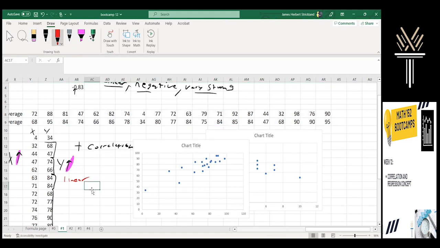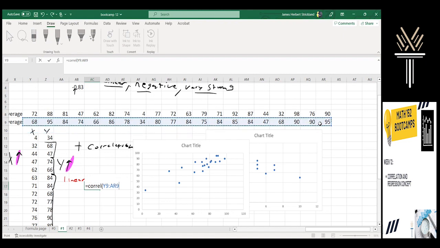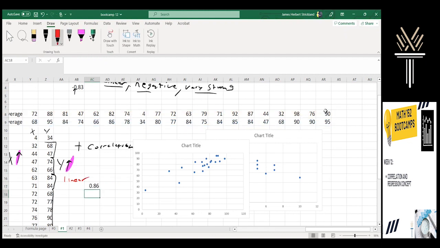So let's see, equals CORREL, Y values, X values, 0.86. And so yeah, that matches our positive correlation prediction. And so we have linear, we have positive, and the 0.86 is very strong. And so we have a very strong positive linear correlation.